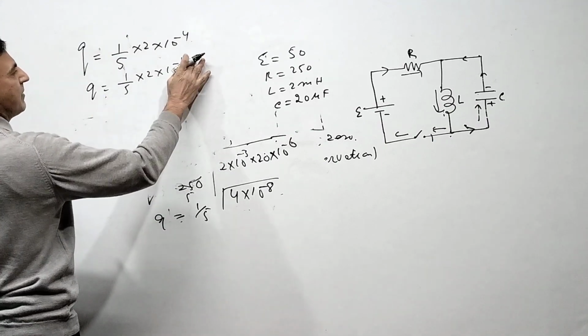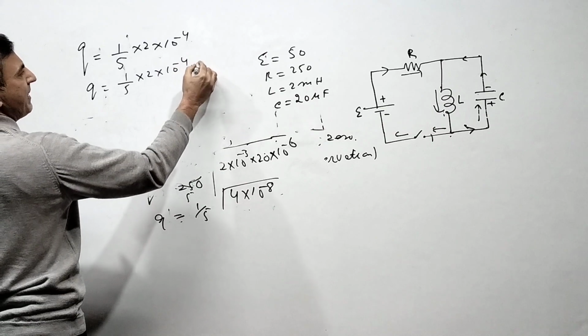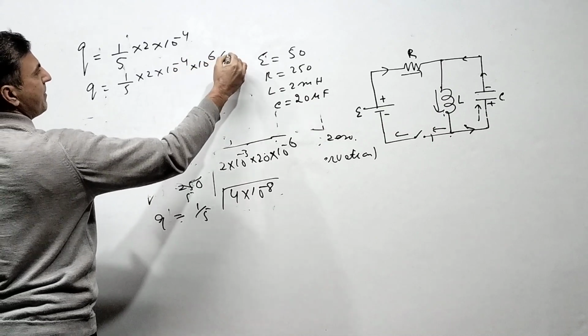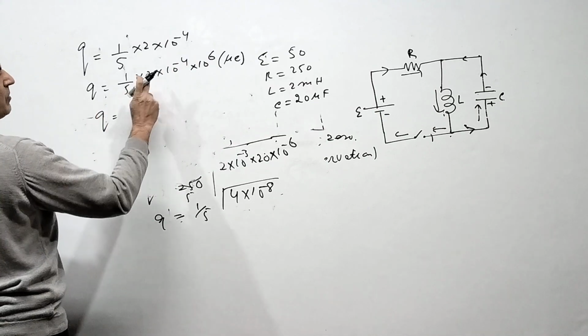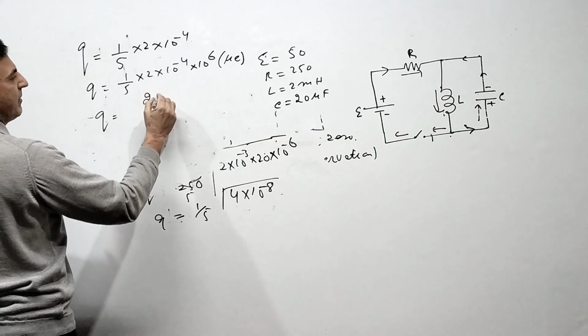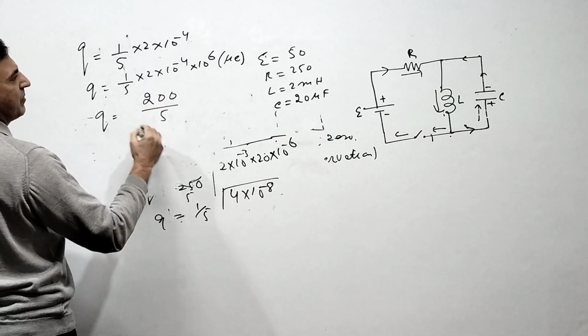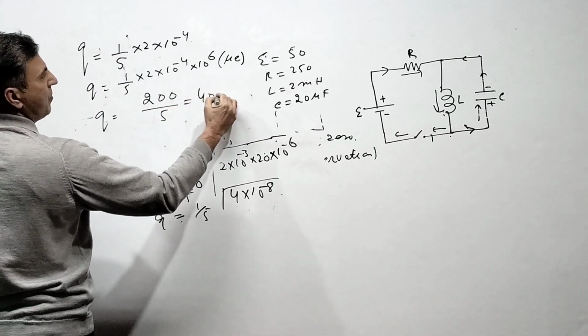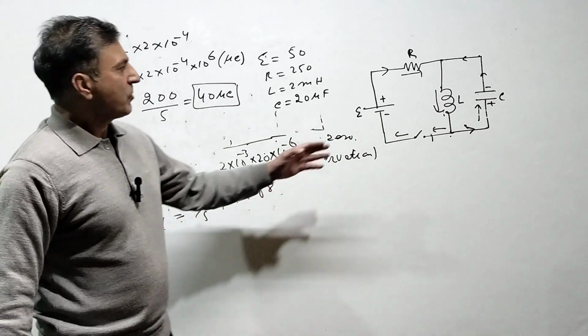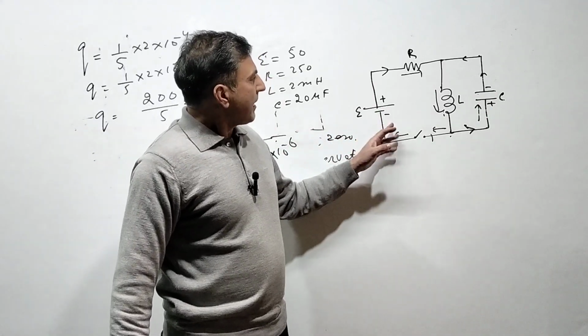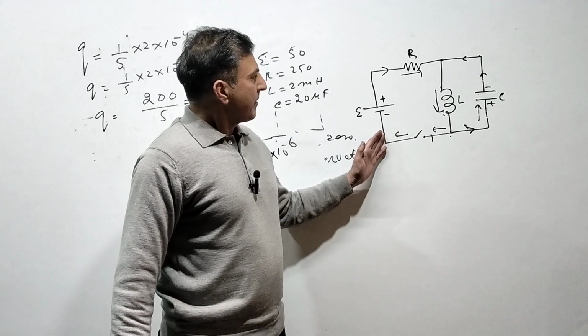These are coulombs, and if I multiply by 10 raised to power 6, it becomes microcoulomb. So Q equal to 200 by 5, which is 40 microcoulombs. That is the answer.